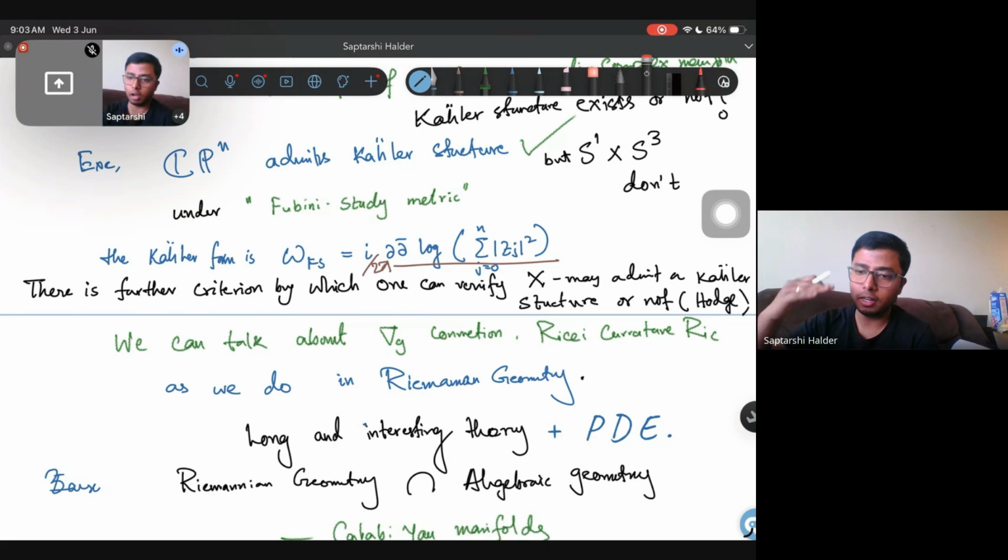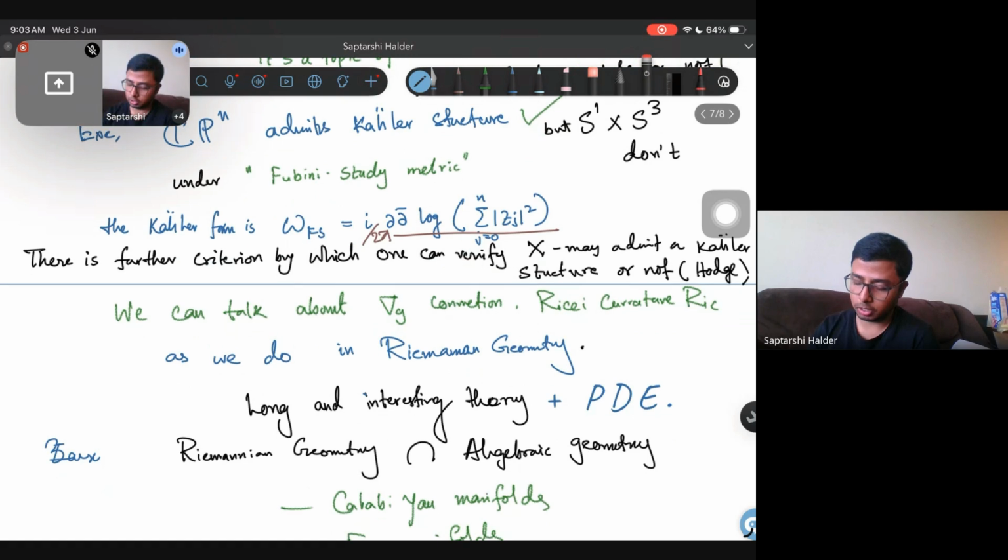So underlying a complex manifold, after defining the holomorphic global sections and the transition functions, we have a real differentiable manifold, and it's a Riemannian manifold with this metric G. So we can talk about the whole Riemannian geometry underlying it.